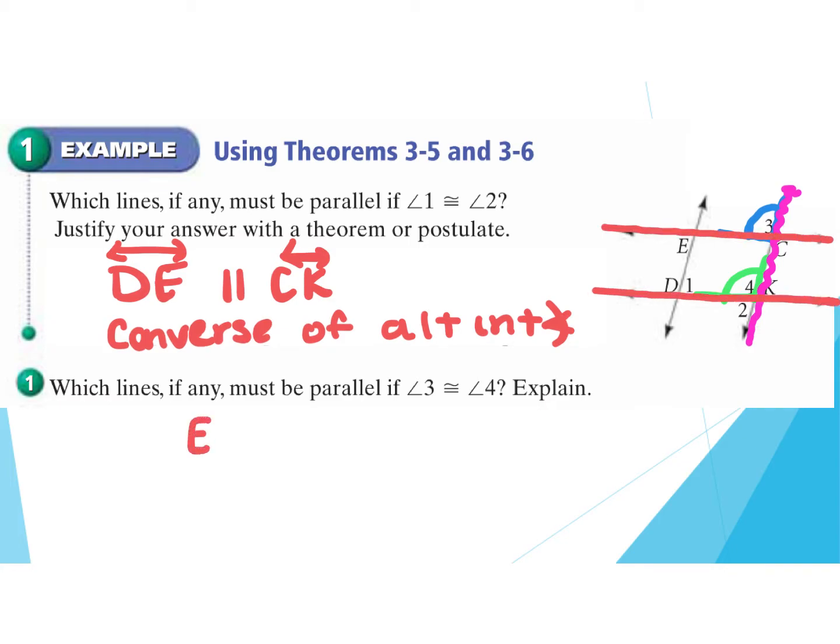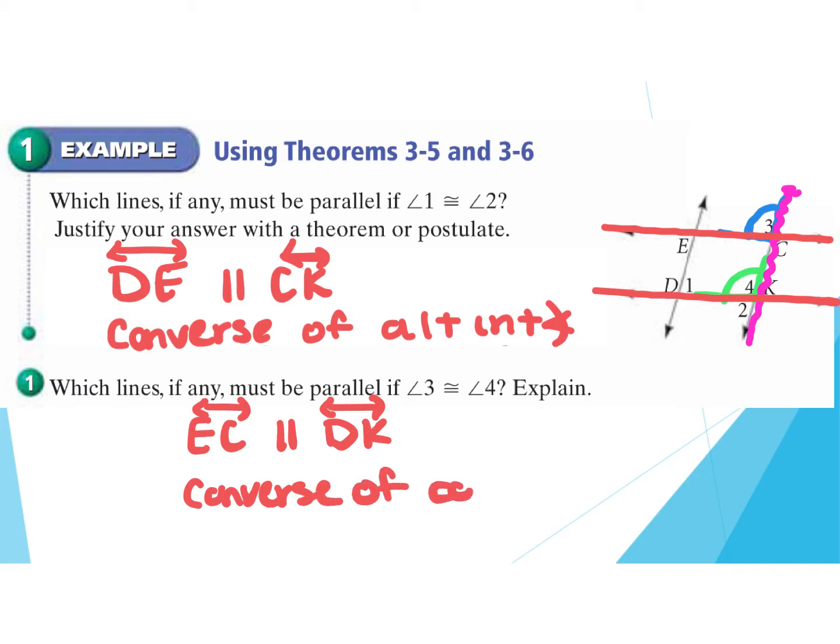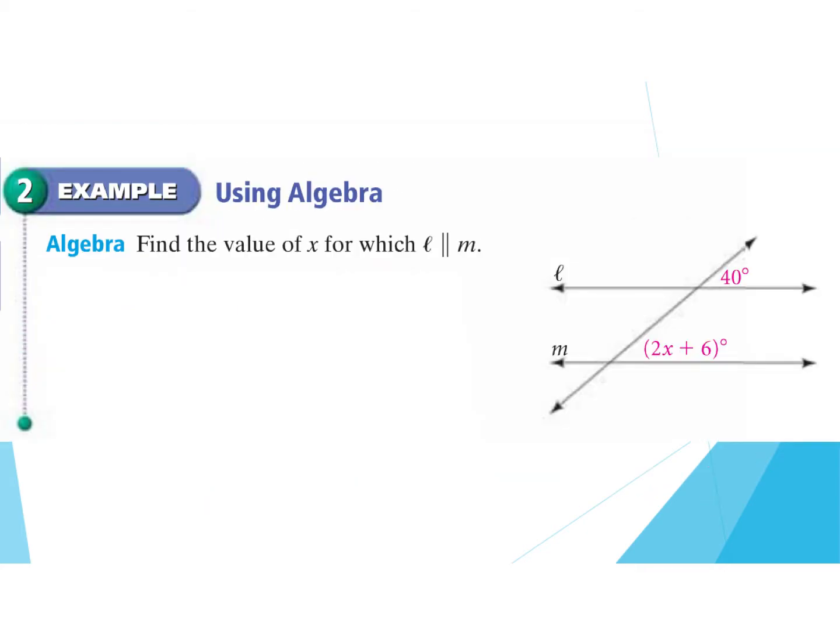So I could say that line EC is parallel to line DK, and our reason would be converse of corresponding angles.